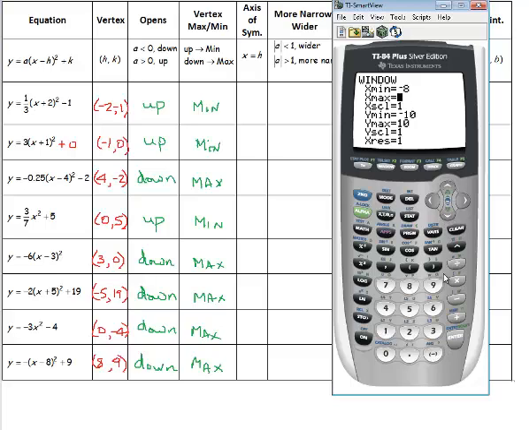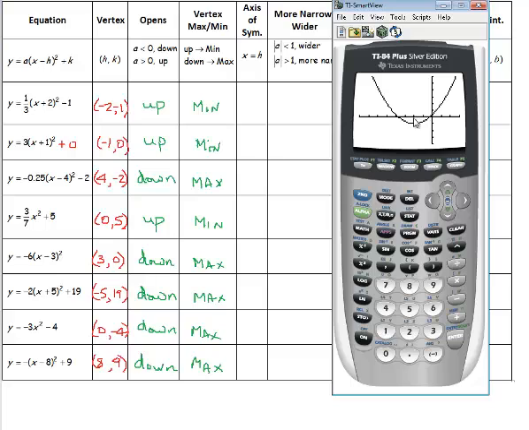Positive 3, and let's see if that helps. See it a little better. You can play around with the window till you see it. I'm going to change that to negative 4, and I'll go up to 6.